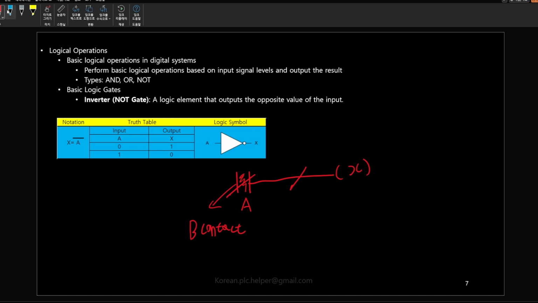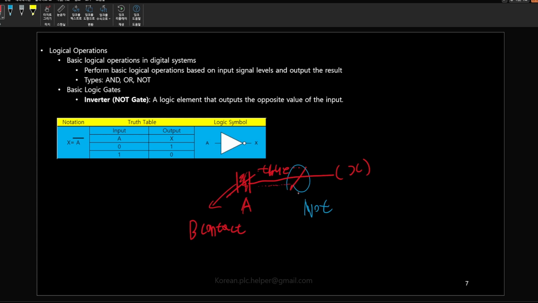Oh, I changed it to blue color. This is the NOT gate. There will be a true signal until the NOT gate through the B contact. A is off, so true pulse.